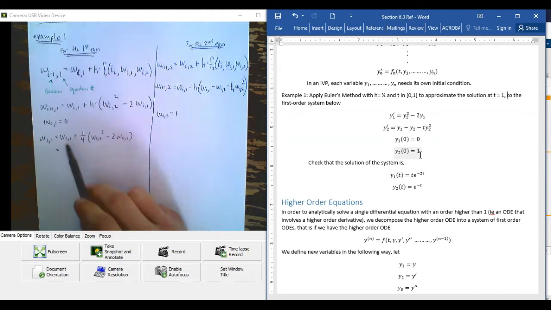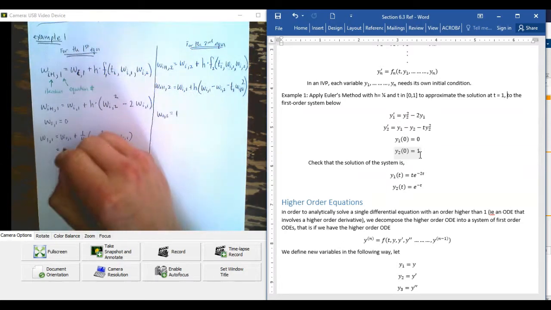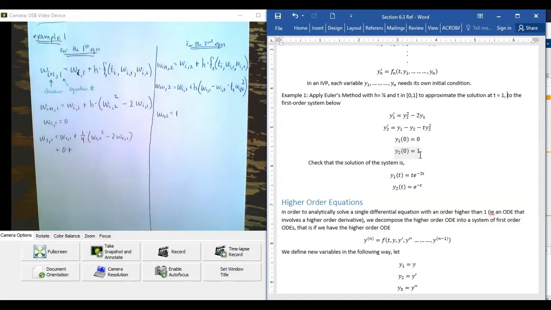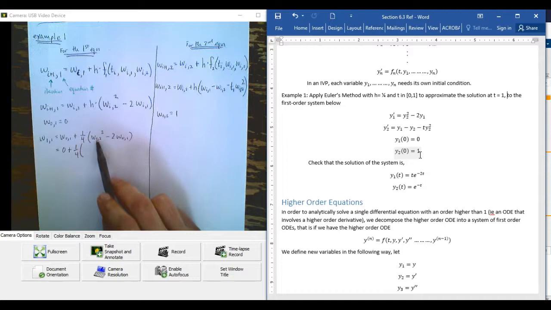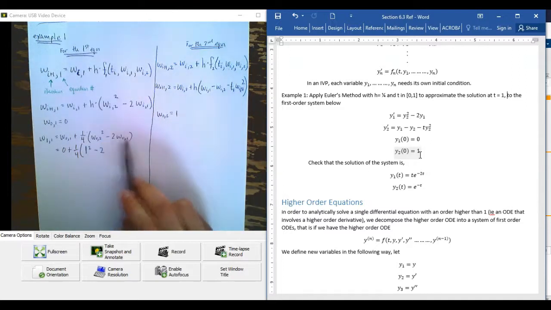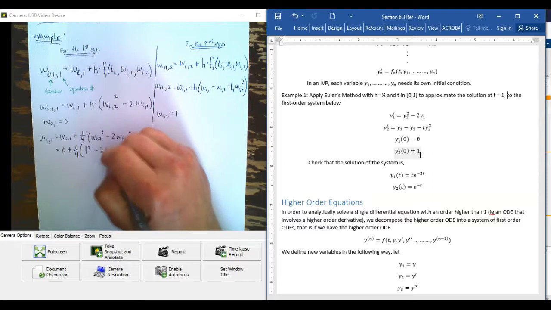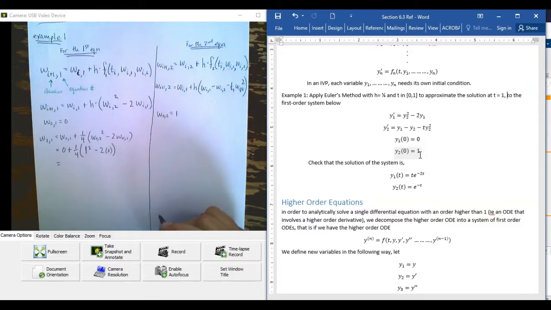So let's see what that is. What's W01? That's our initial condition for the first equation, plus 1/4 times the initial condition for the second equation, which is 1, minus 2 times the initial condition for the first again. So that's going to be 1/4.